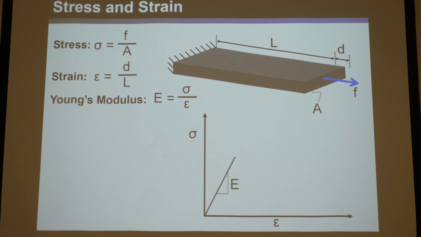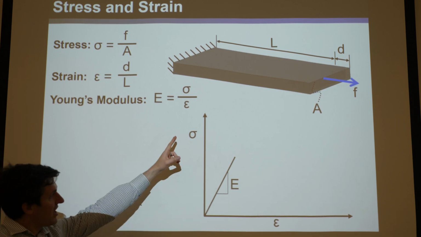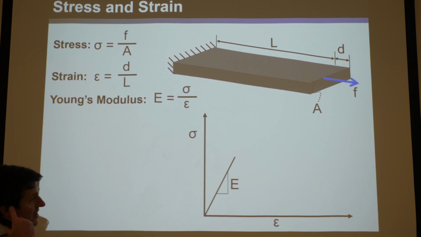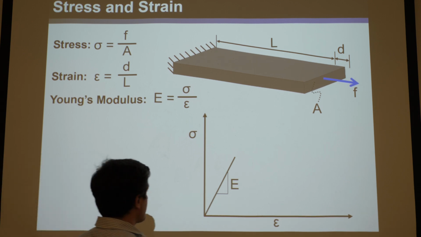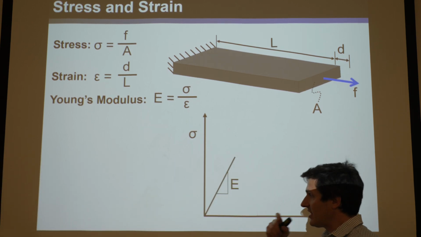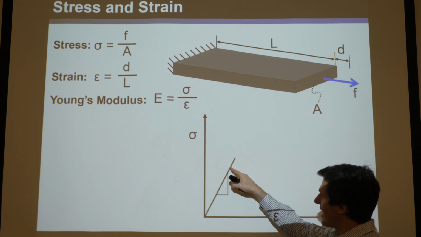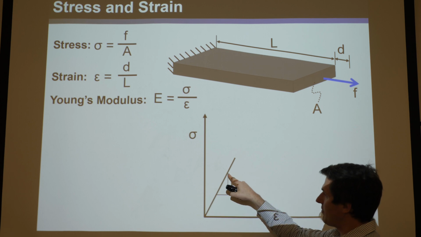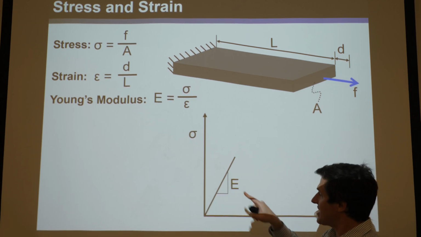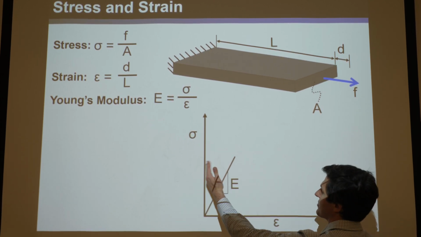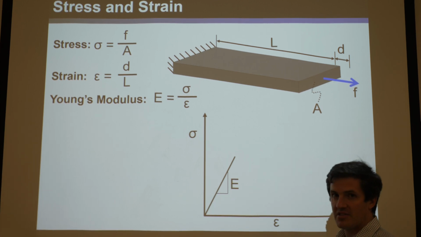If you plot the stress on a beam versus the strain, what you find in most materials, certainly linear elastic materials, is that for the first little bit you get a straight line where the slope of that line is a material property. If this was just force versus displacement, stiffness would be the slope of that line.